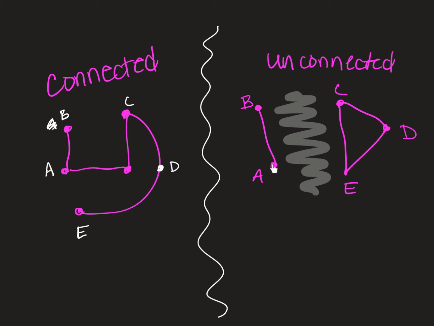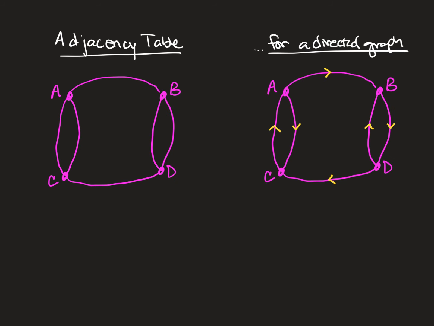Here, there's no way for me to go from A to E or from B to D or C to A. There's a gap that's happening here. So although together it is a graph, it is an unconnected graph because we're missing some connections there.